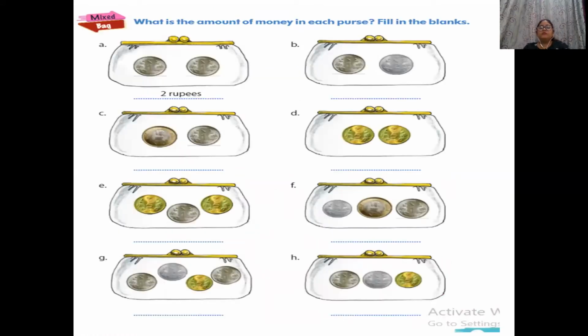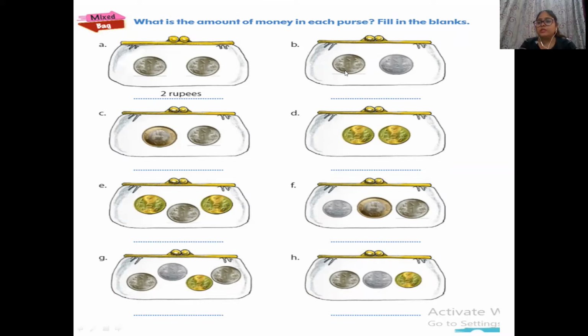Okay, come to the next question. What is the amount of money in each purse? Fill in the blanks. Okay, you have to fill in the blanks. So what you have to do, see, there is a purse, you have to count only the coins. Okay, so we can understand with the help of this given example. Here we have one coin and one coin, so two 1 rupee coins make 2 rupees. Now correct.